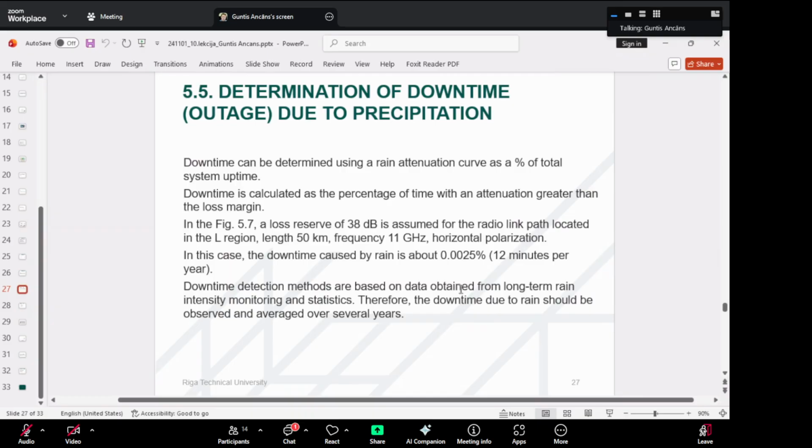Therefore, the downtime due to rain should be observed and averaged over several years. ITU data comes from monitoring data. There are some global monitoring systems which can do this statistical averaging, but also every country can submit their own data.